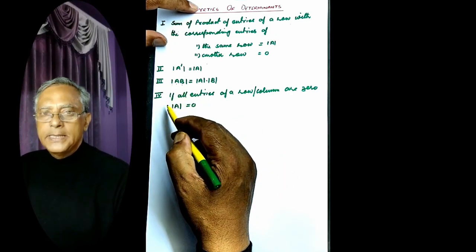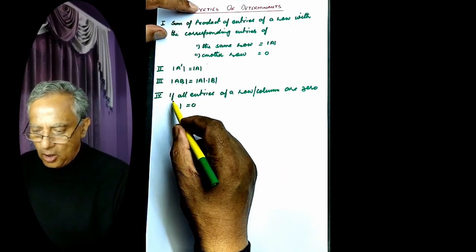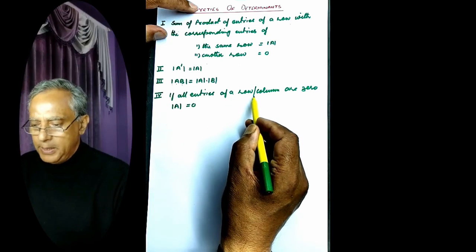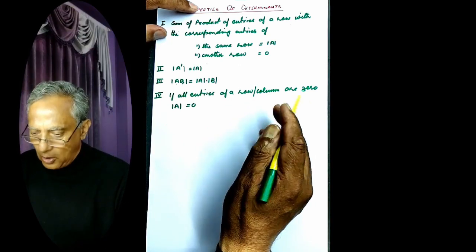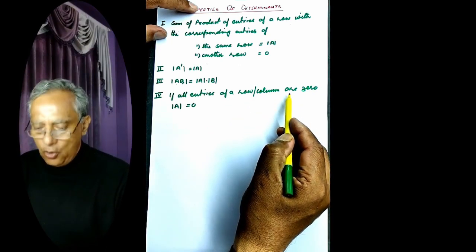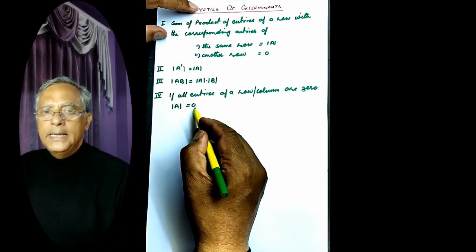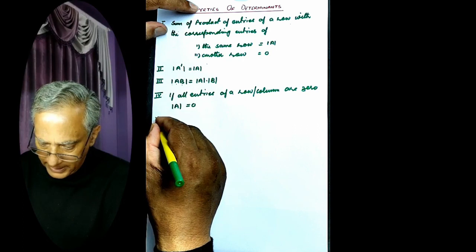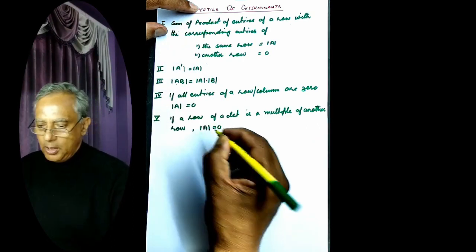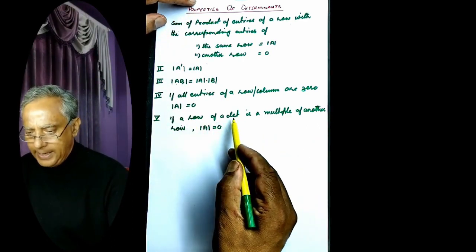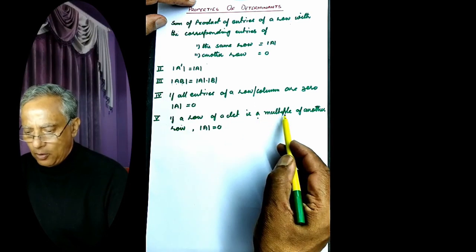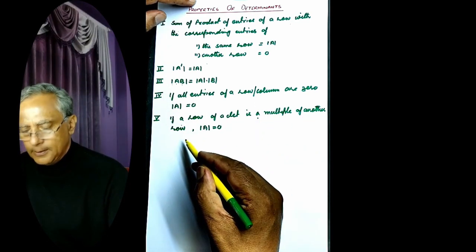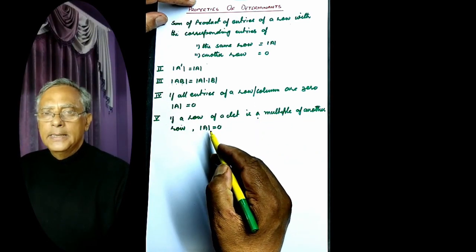Now the next property is, if all entries of a row or column of a determinant are 0, the value of the determinant is 0. And the fifth property is, if a row of a determinant A is a multiple of another row, then the value of the determinant is 0.